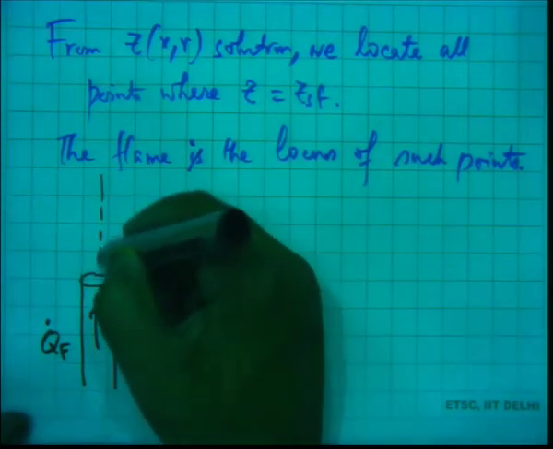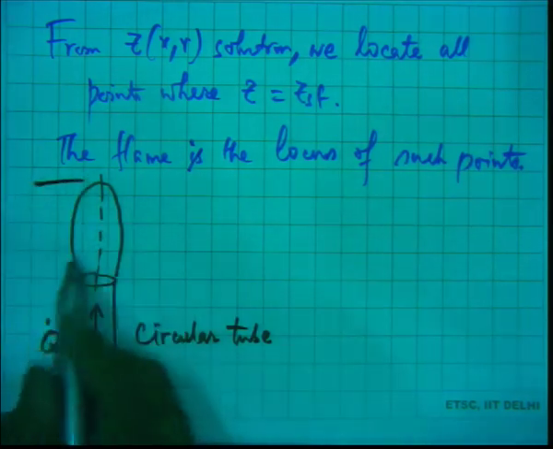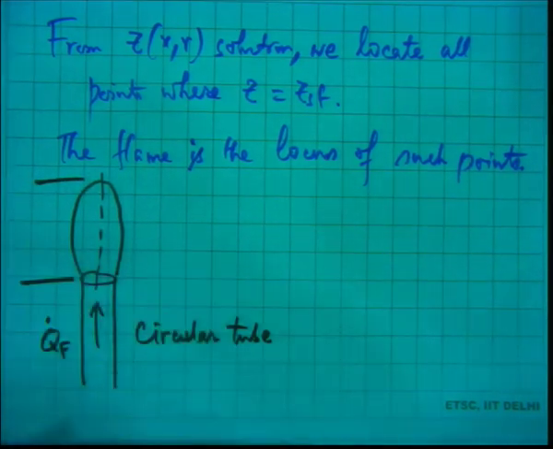And as we know, we will get some flame, and we can solve for this. We can get temperature as a function of spatial coordinates, species mass fractions as a function of spatial coordinates. We can get everything. And finally, as I told you, we can also locate the flame by using Z equal to Z_ST.